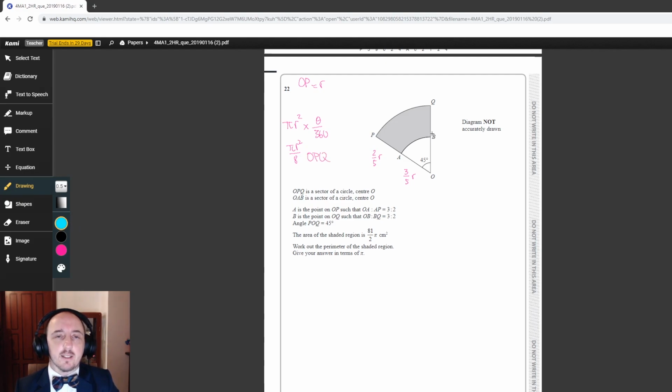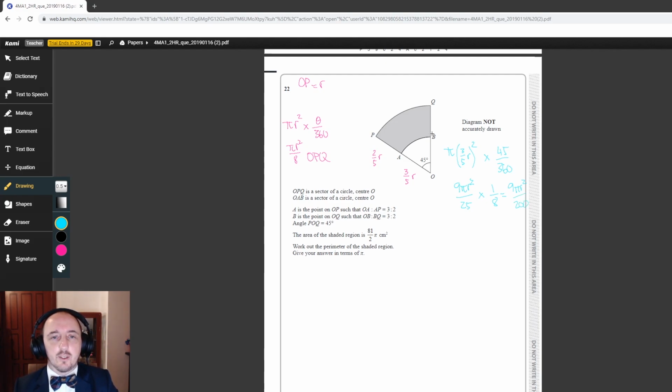For the smaller sector, we've got pi times the radius, but in this case it's 3/5 of r squared times 45 over 360 again. So this is going to be 3/5 squared is 9 pi r squared over 25 times an eighth is 9 pi r squared over 200.